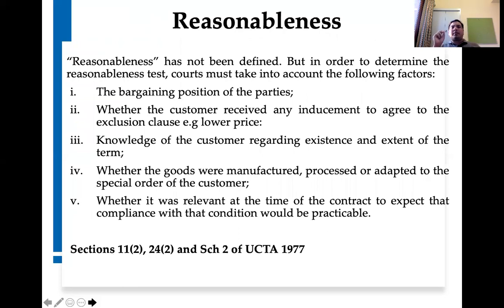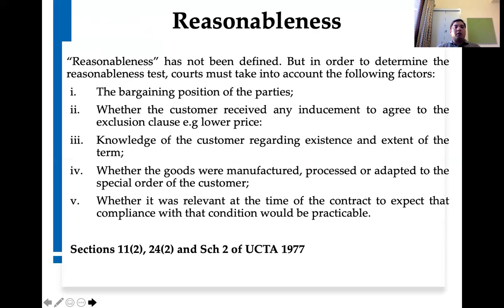Now, what is reasonableness? The 1977 Act does not define reasonableness, but in order to determine reasonableness, courts must take into account the following factors. First, the bargaining position of the parties. Second, whether the customer received an inducement to agree to the exclusion clause, for instance, a lower price.